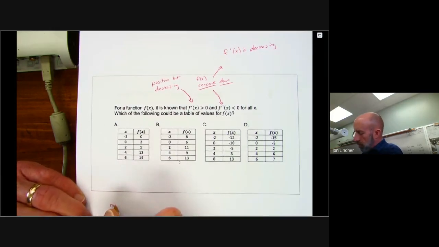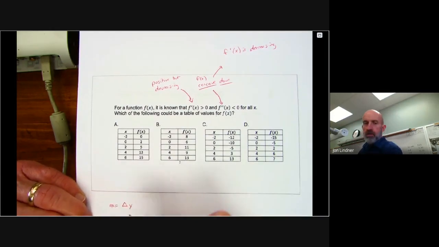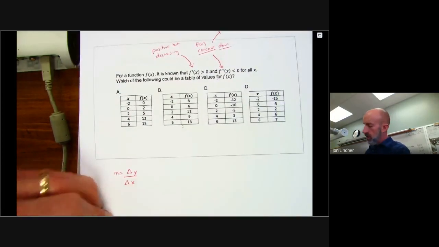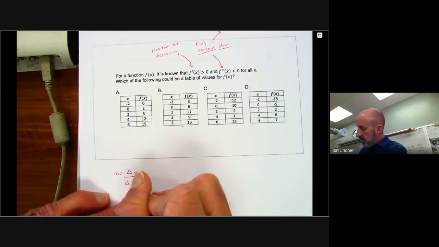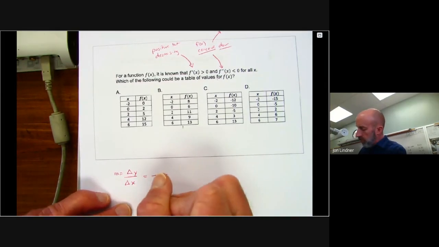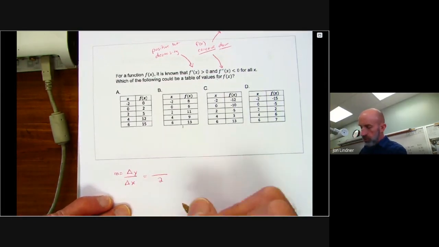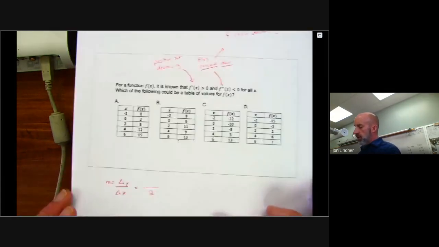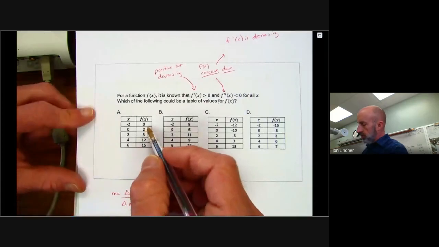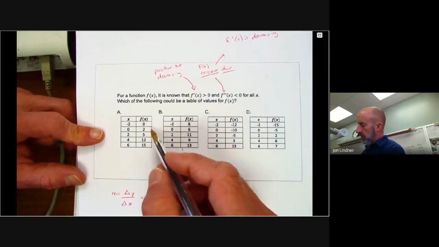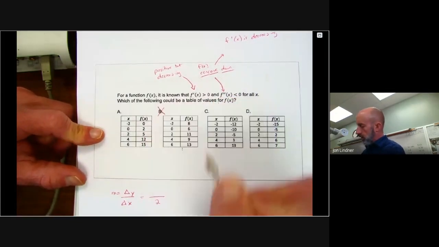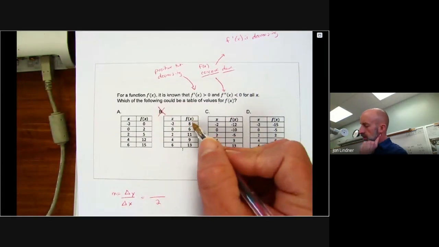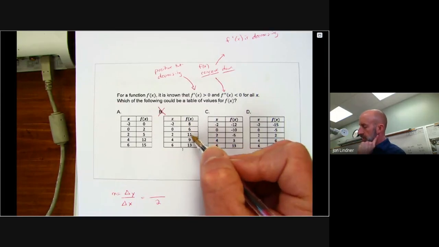So if I'm thinking about delta y over delta x, that means my bottom number is always going to be positive 2. So what we can do is start looking at all of these to see what's happening. Well, right away we can rule out b. You know why? Because these function values are going down.